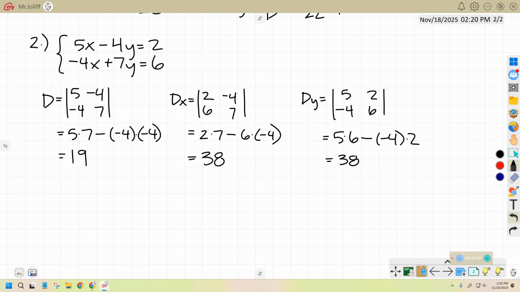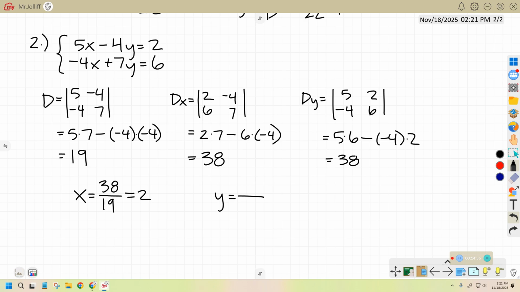Perfect. Very good. And we know the last step, we build our fractions. Bruno, what is my fraction for x going to look like? 19 over... You tell me what goes on top. 38 over 19. Very good. And I'm pretty sure that's 2. 2. Very good. You get one chance. You got to spread it around.